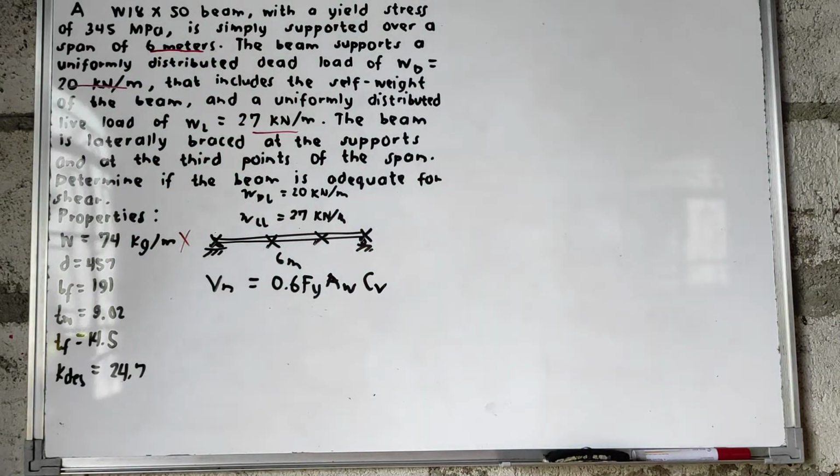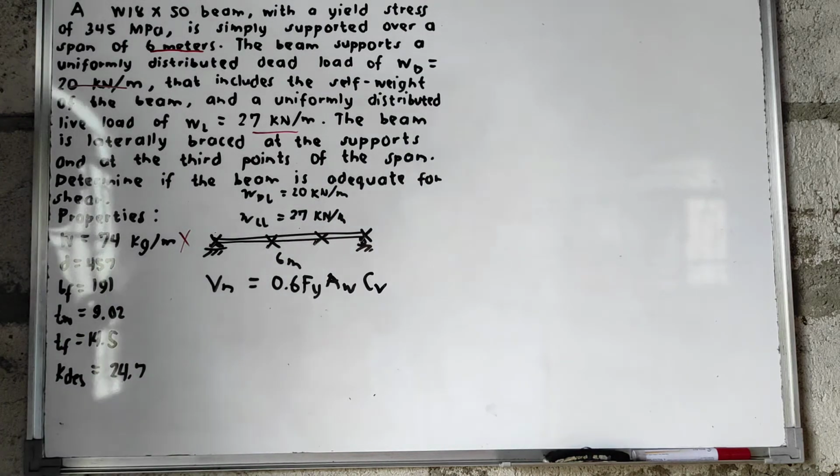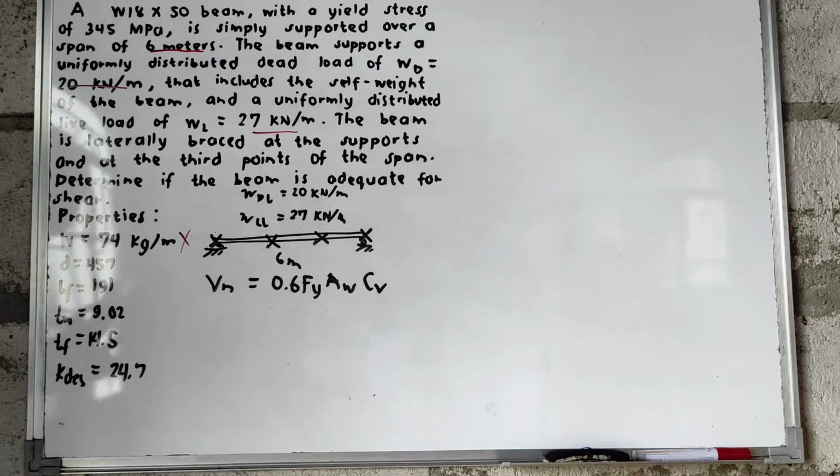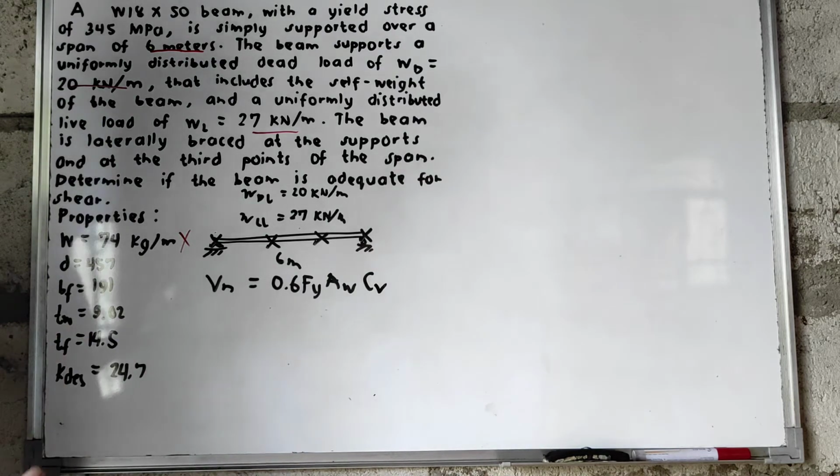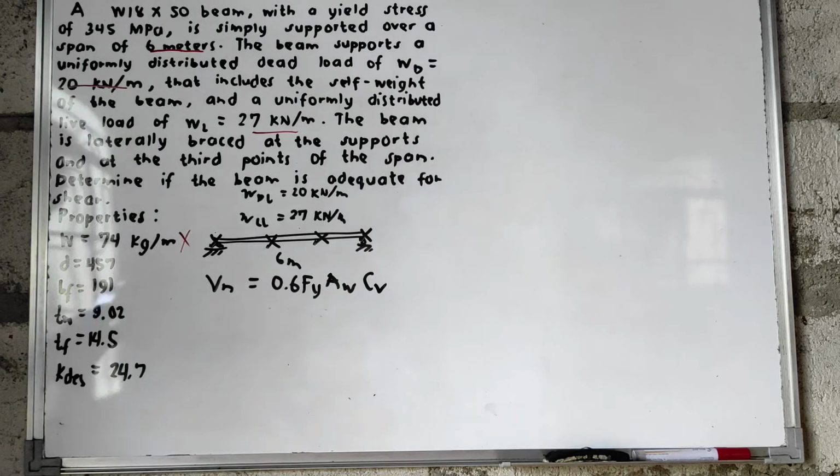So for this one, under sa nominal shear strength natin, meron tayong mga factors and safety factors na ginagamit to solve for the allowable shear strength and the value of your design shear strength. So para malaman natin yung mga reduction factor natin and safety factor, gagamitin natin yung nasa codes natin.